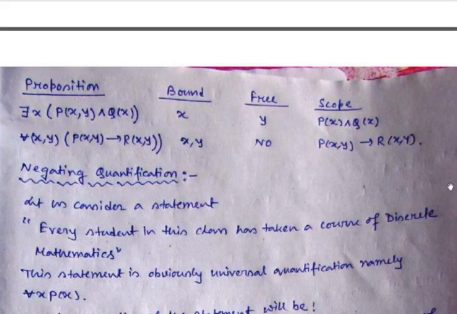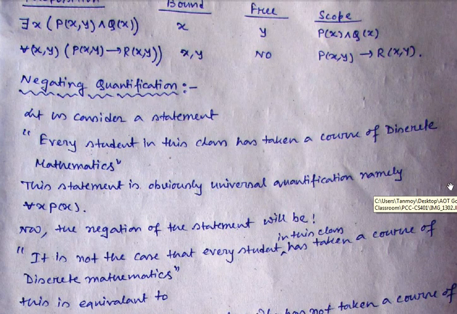Now the next property is the negation of a quantified statement. To understand this, let us simply take an example. Say every student in this class has taken a course of discrete mathematics. So obviously we can see every student is present here, that is, it is stating all students in this class have taken the course of discrete mathematics.